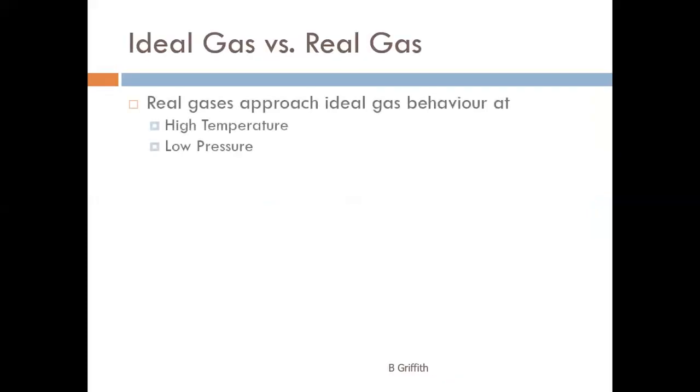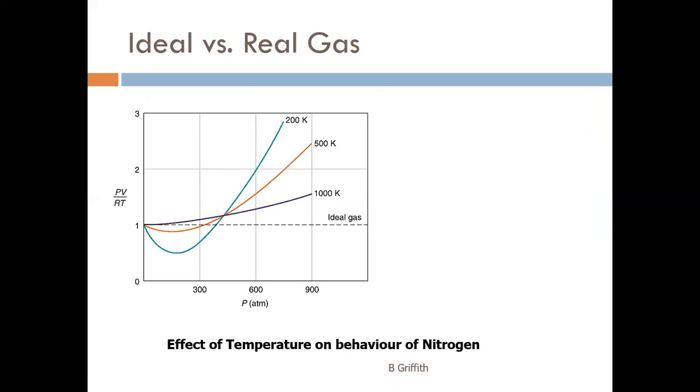So check your answers. What we're seeing based on that graph is that a real gas will approach ideal gas behavior at high temperature and low pressure. If we revisit the graph, approaching ideal gas behavior is going to look like, how flat does that graph look? How closely does it resemble the straight line that is the ideal gas line?